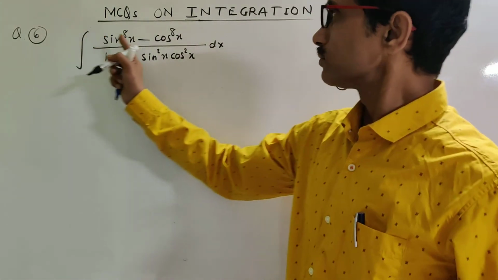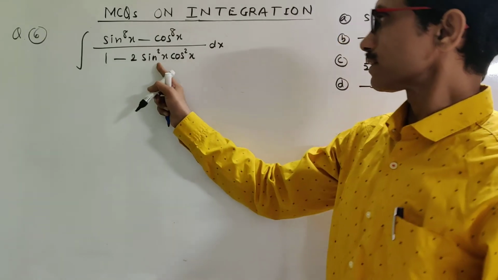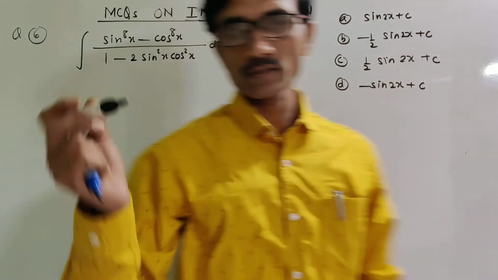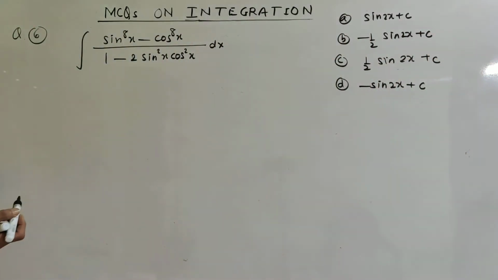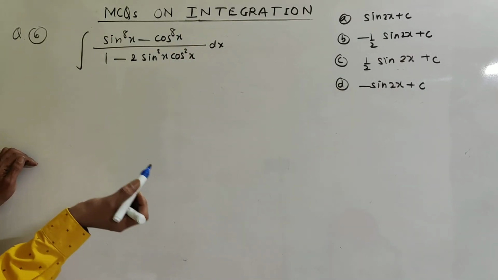Integration of (sin^8 x - cos^8 x) upon (1 - 2 sin²x cos²x). So we can express it as, see, factors a² - b² = (a - b)(a + b).